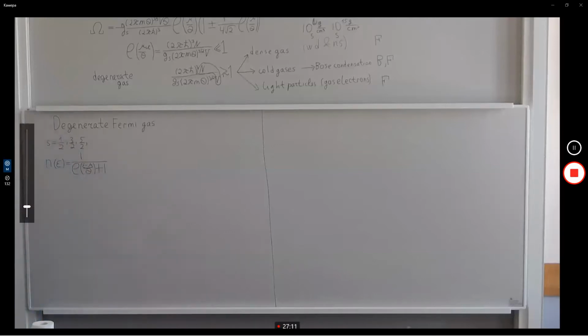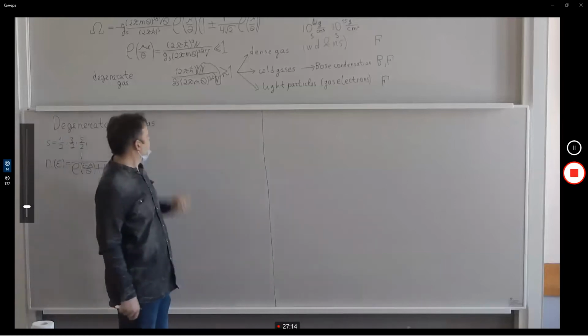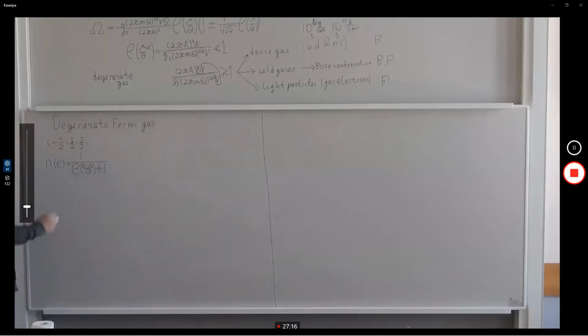And I'm interested in low temperatures. So I may consider an extreme case at first, theta tends to 0. In this case, I have a very special form of dependence of occupation numbers on energy.